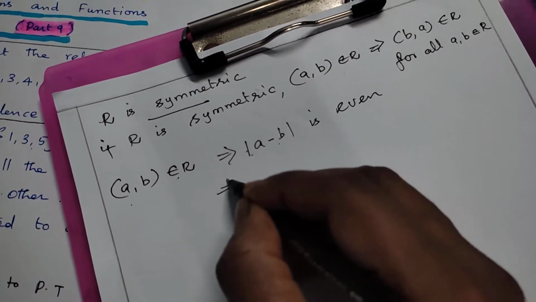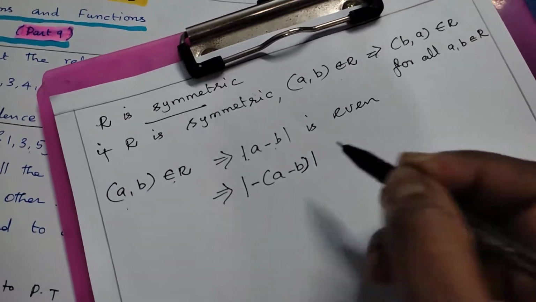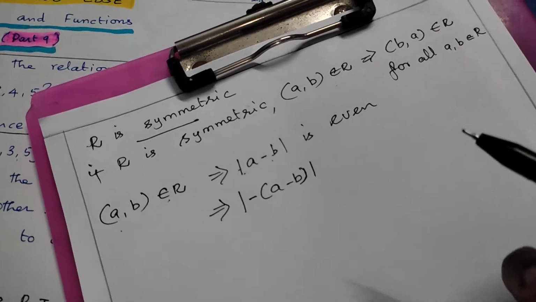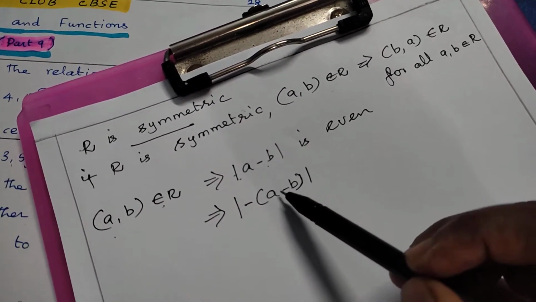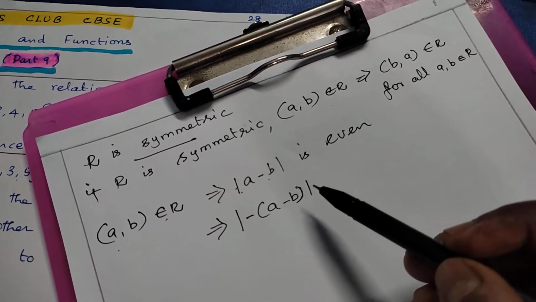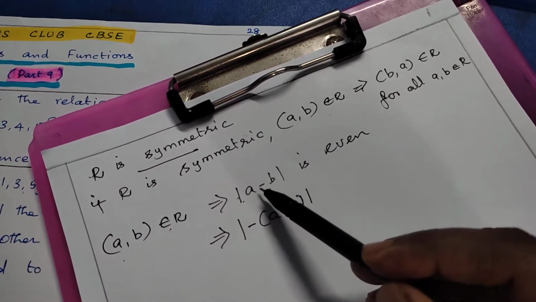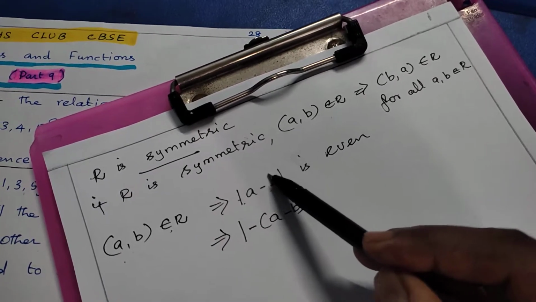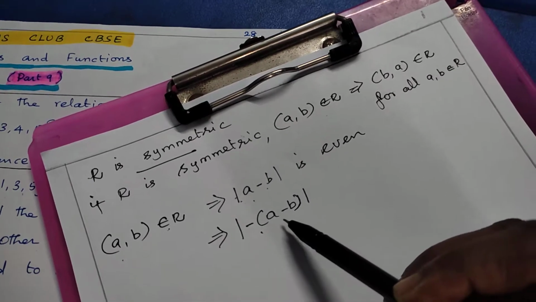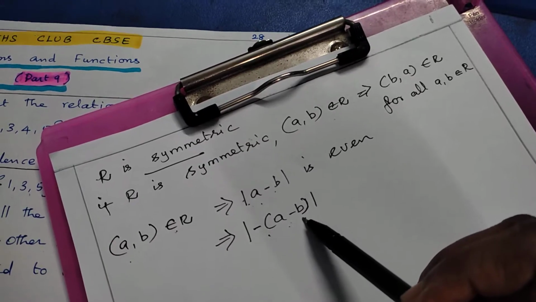That implies we can write modulus of minus of A minus B. Suppose we have minus 4 within the modulus, we write it as positive only. Modulus means that we take only positive values.